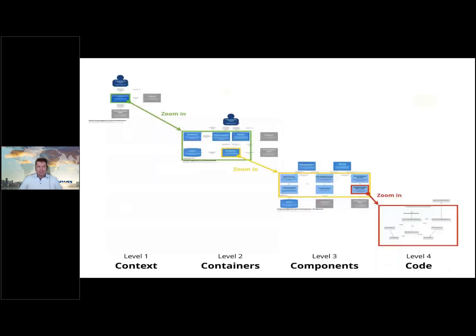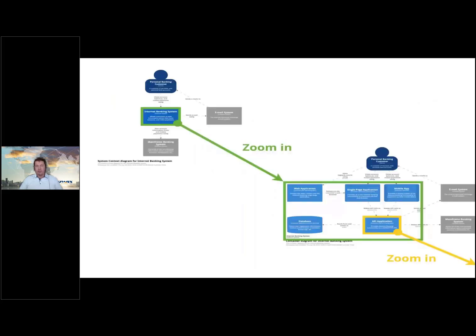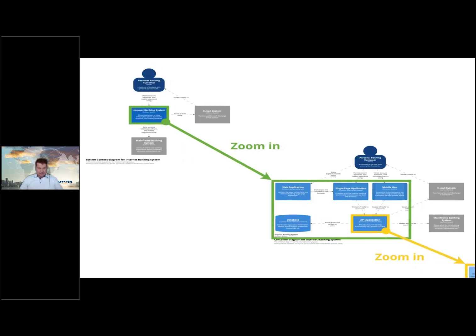So here is a very nice illustration. It's sort of like Simon Brown usually says, it's like browsing through the map, zooming out, zooming in through your software architecture. So that's the way how a C4 model works.